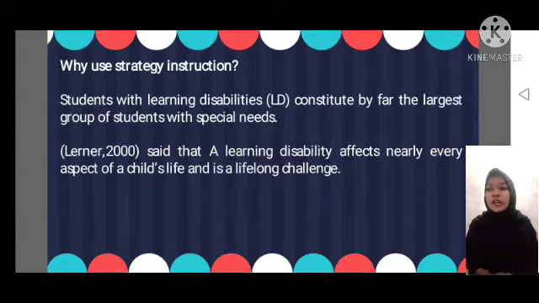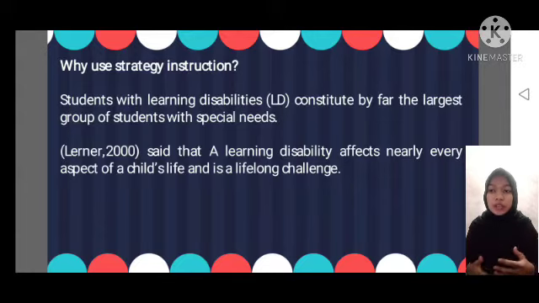Students with learning disabilities, or LD, constitute by far the largest group of students with special needs. Over the last 25 years, the number of students identified as learning disabled has shown a steady increase. Learner 2000 said that a learning disability affects nearly every aspect of a child's life and is a lifelong challenge.